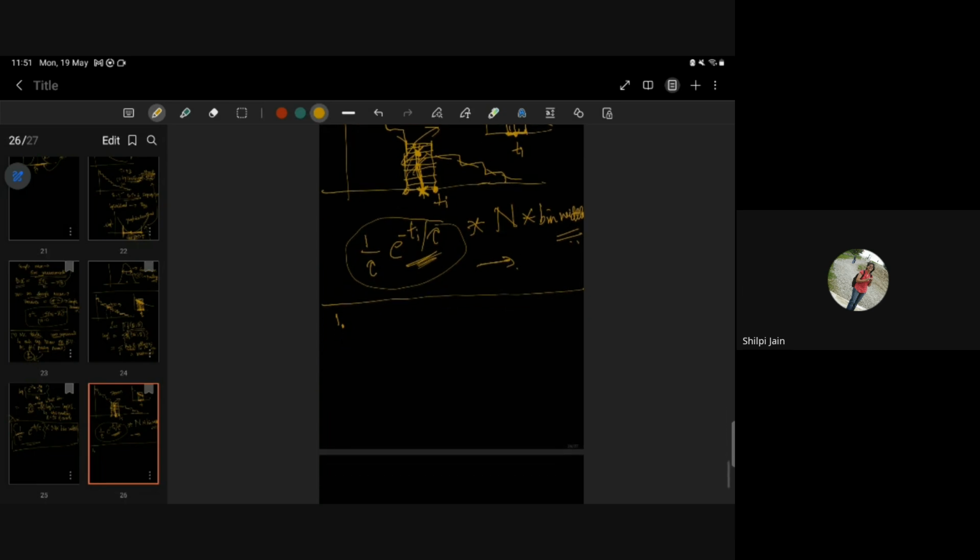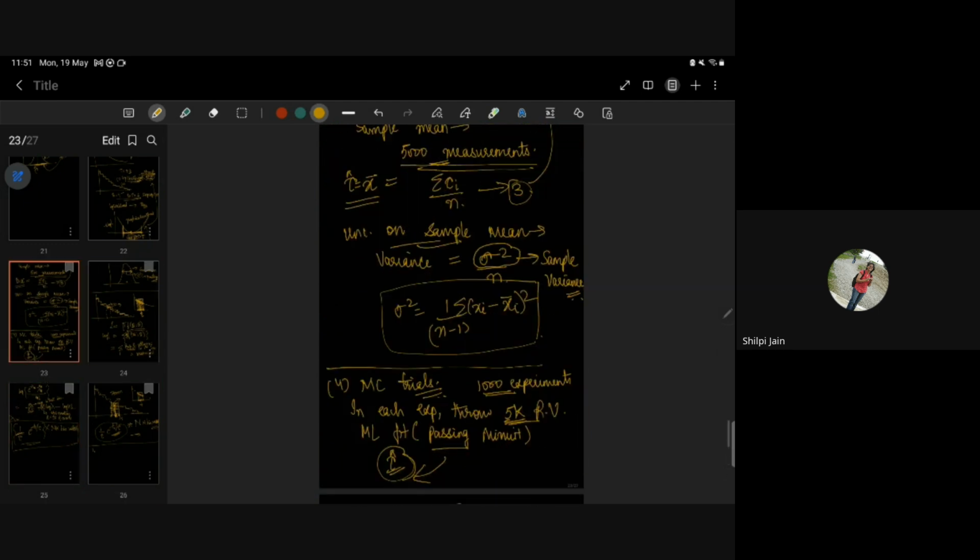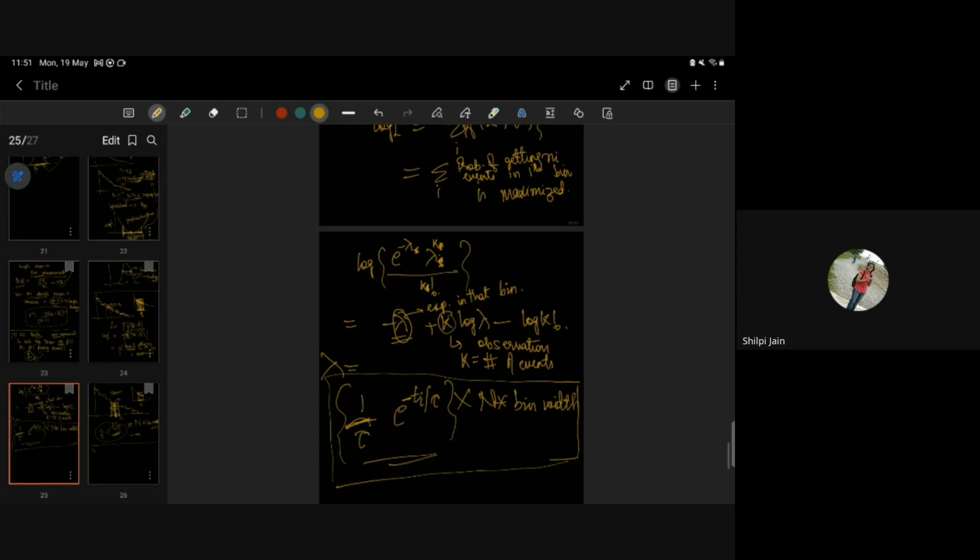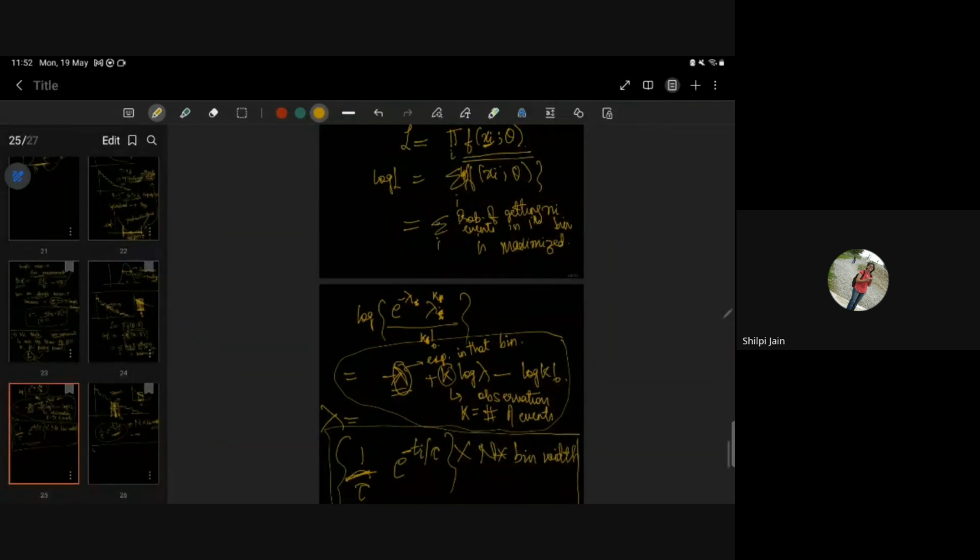You just have to write a log likelihood function, sum it over all the bins, and estimate the lambda parameter. Once you have summed over all the bins, provide it to Minuit, and Minuit will give you an output. That's it. I'll provide you the link to the code.